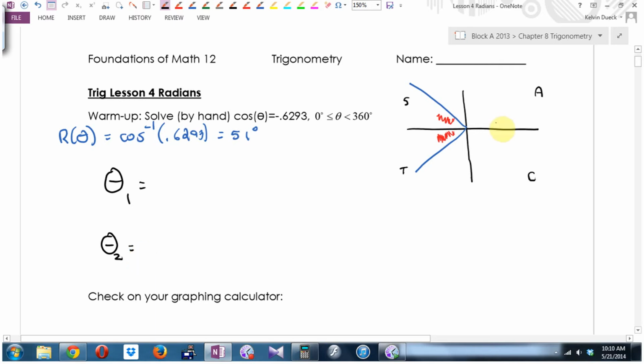The first angle was that big. How can I calculate how big that angle is? 180 minus 51 degrees. 180 take away 50 would be 130, 129.